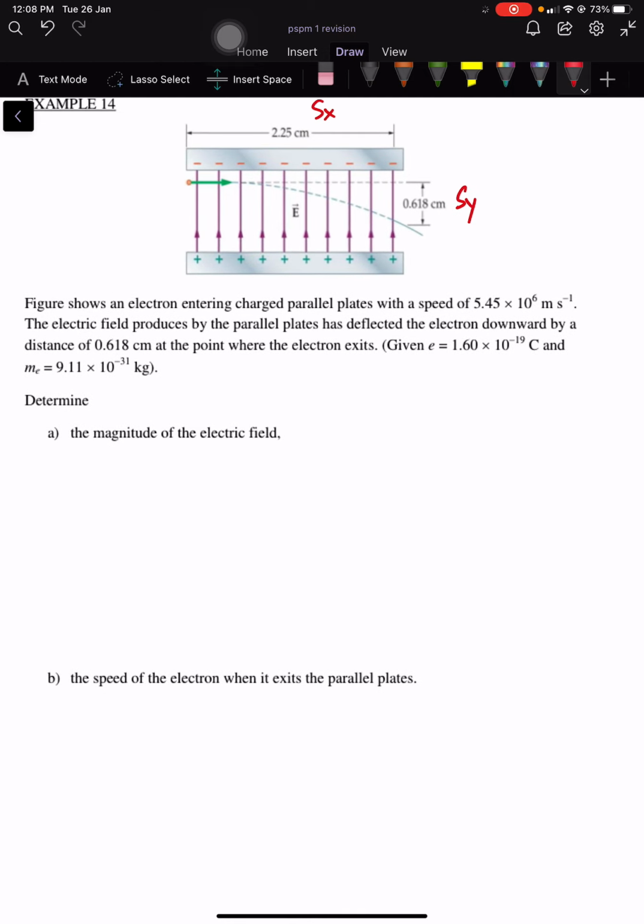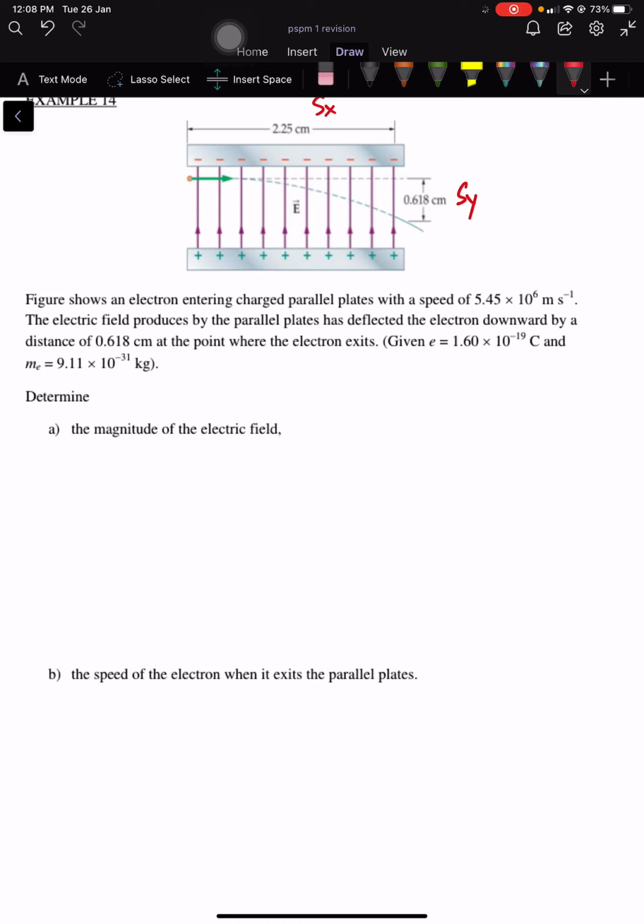So here we have Sx. Okay, so the electron entering charge speed here is Ux because they are entering perpendicularly. So Sx equal to Uxt. So Ux is 5.45 times 10 to the power of 6.